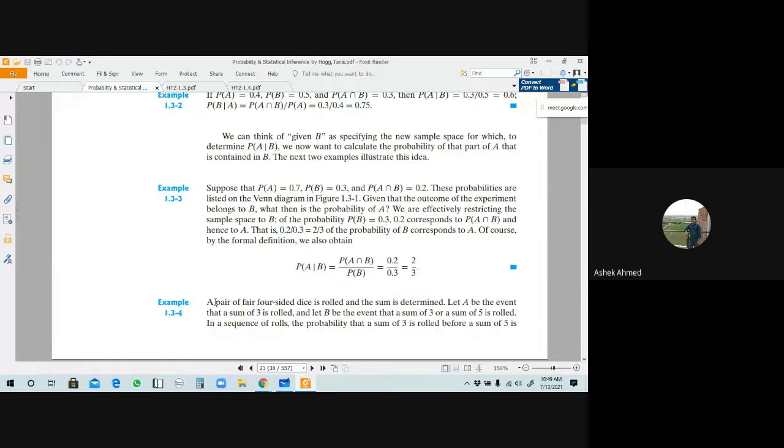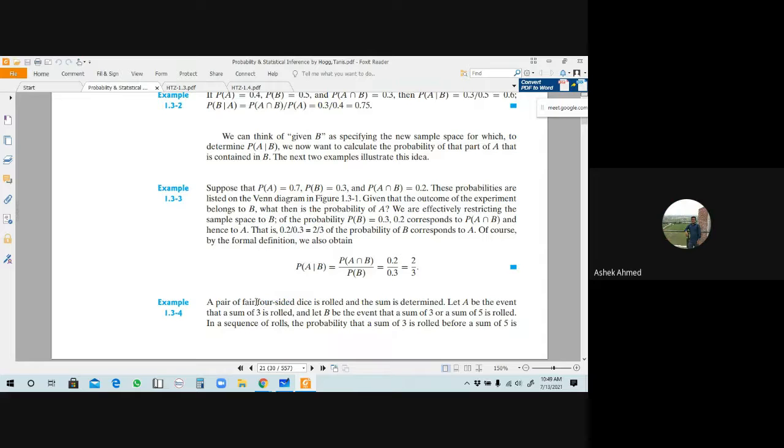Okay. Now we have to sketch a diagram for the outcome space. We will now discuss the outcome space of a pair of four-sided dice. Tell me, if you draw a dice of four sides, how many outcomes are there? 4 outcomes.